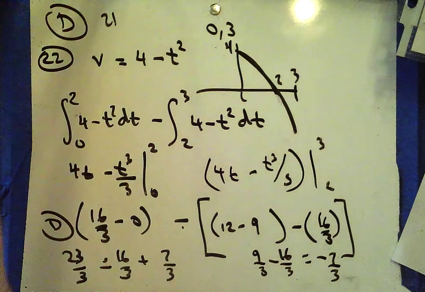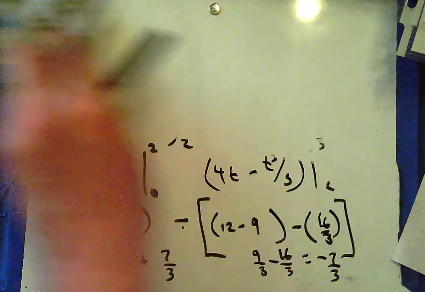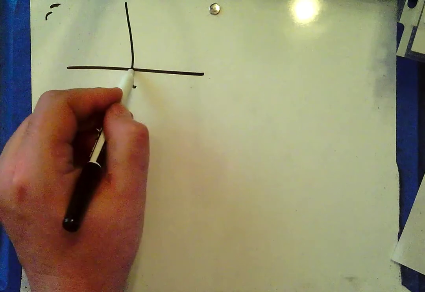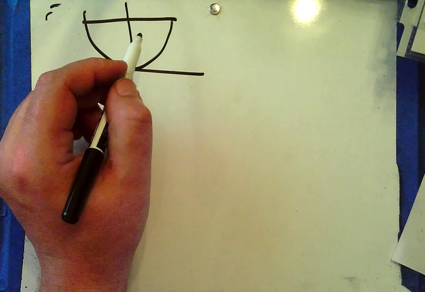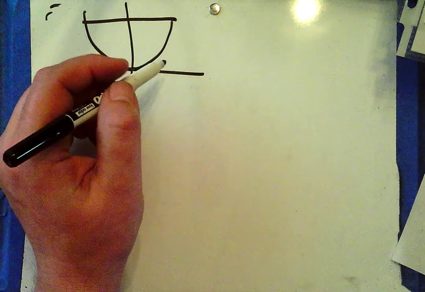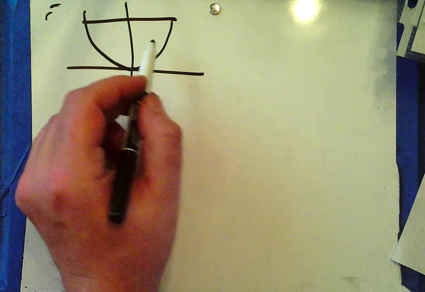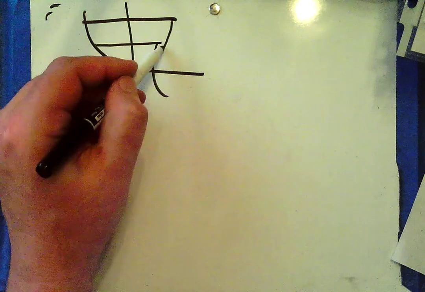23 says the area bounded by y equals x squared and the horizontal line y equals 1, rotated about the x-axis.